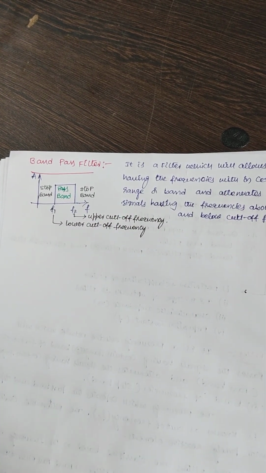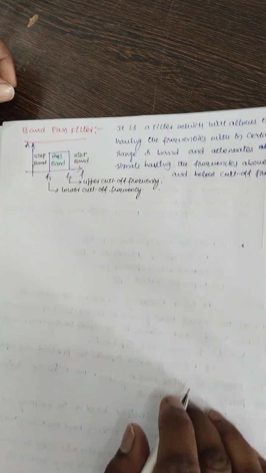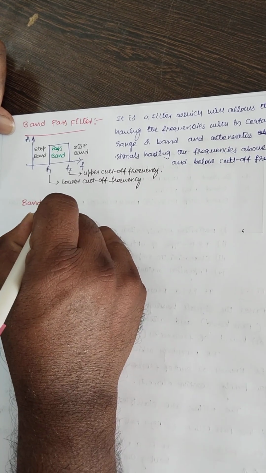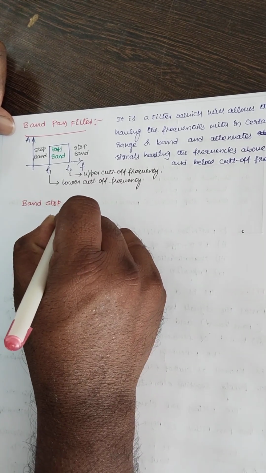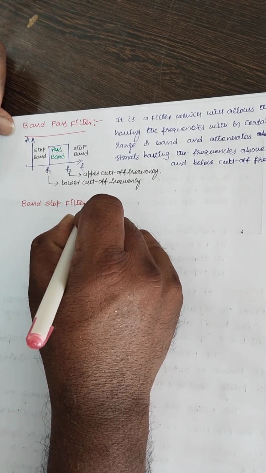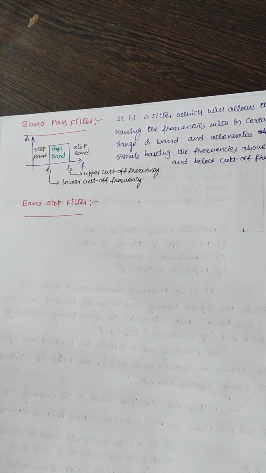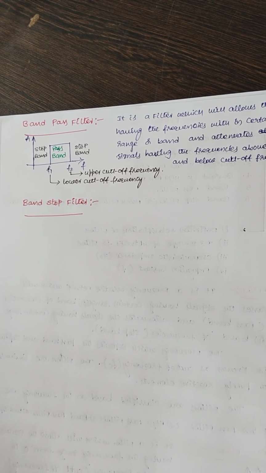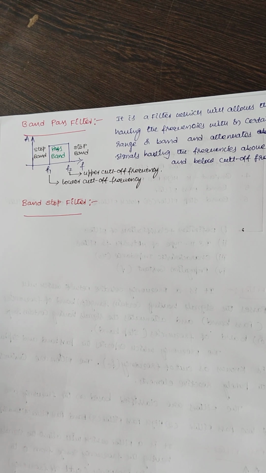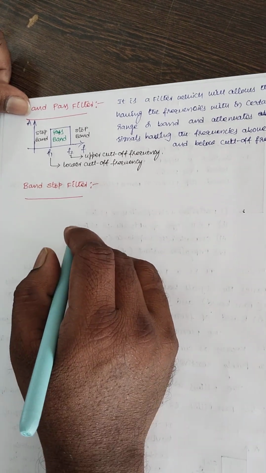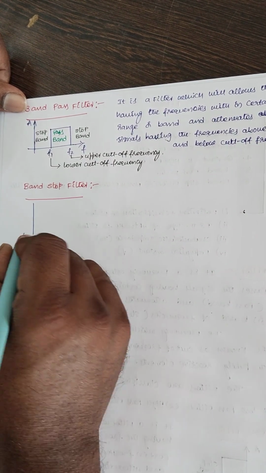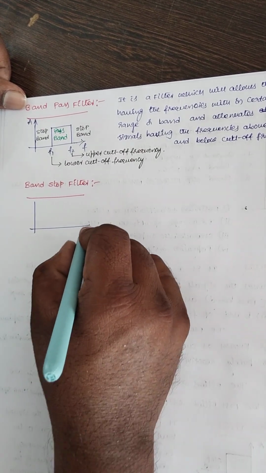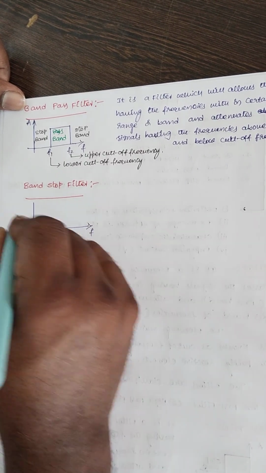Next thing is the band stop filter. It is completely opposite to the band pass filter. Let me draw the graph between the strength or amplitude of the signal versus the frequency f.